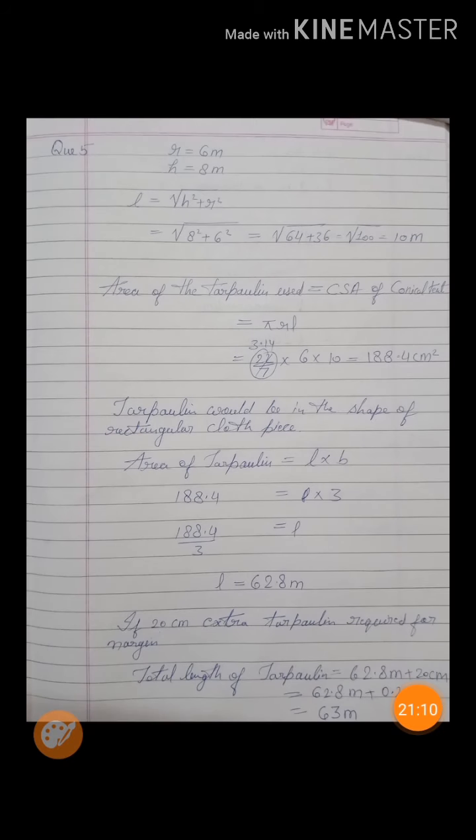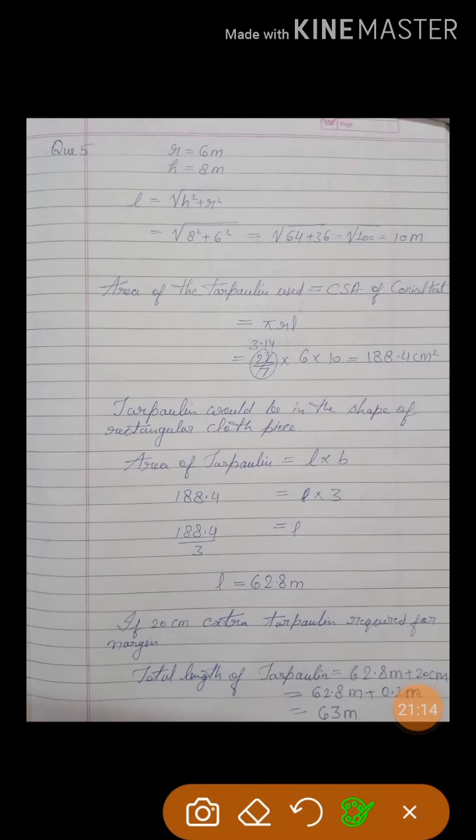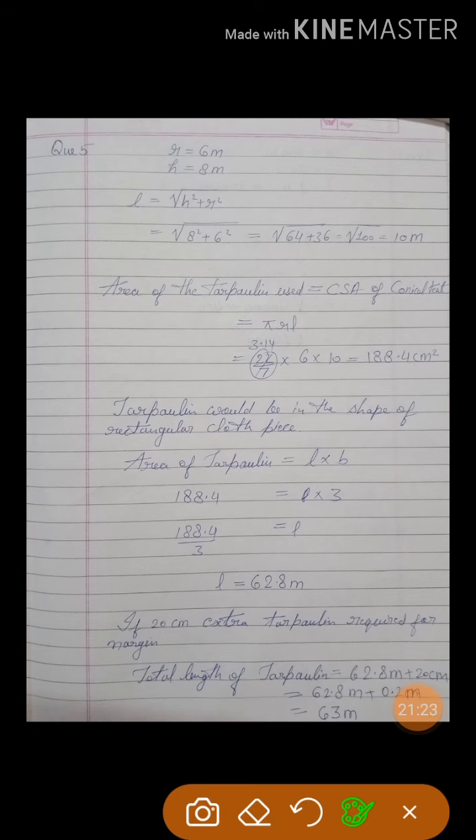We know that the tarpaulin would be in the shape of a rectangle, a rectangular cloth piece when it was purchased, and before stitching it was like a rectangular piece of cloth. So the area of tarpaulin, since it was in the shape of a rectangle, is length into breadth.